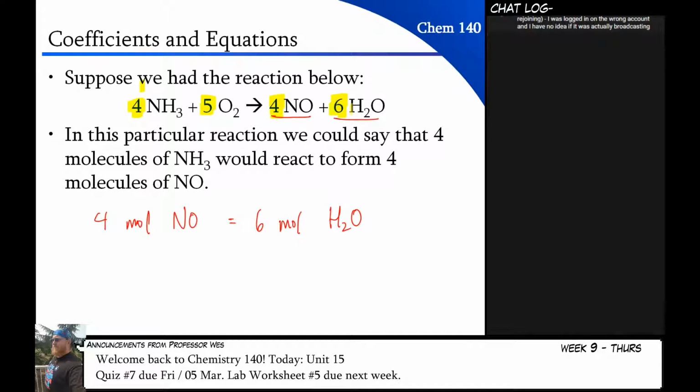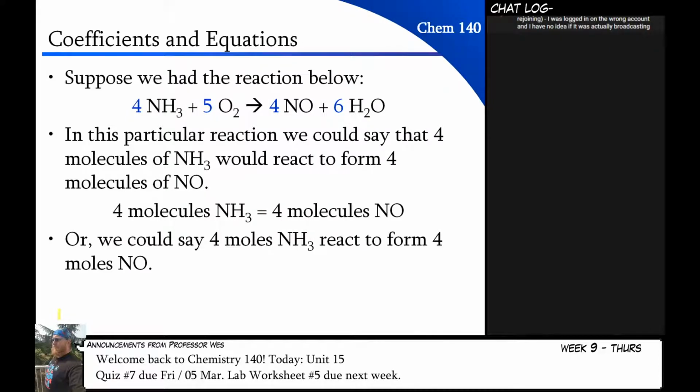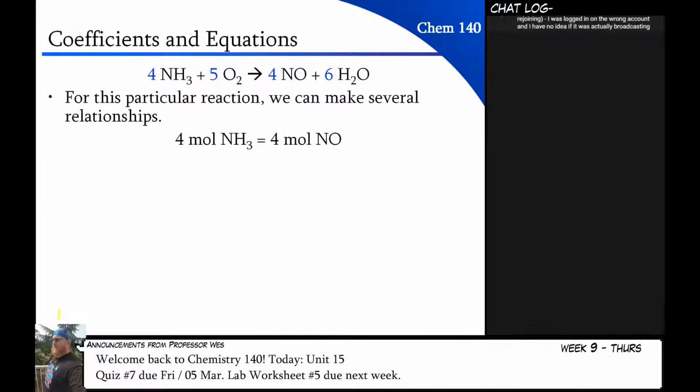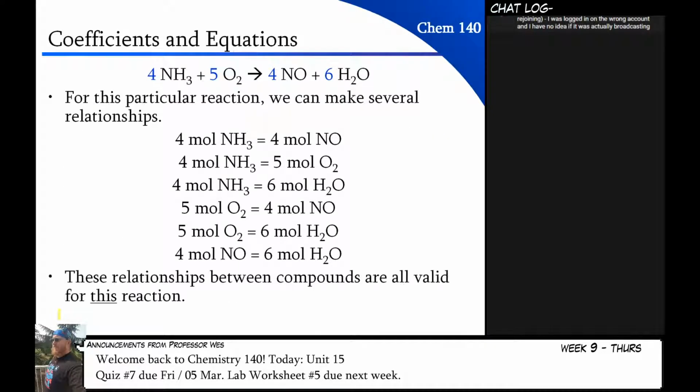I can relate any 2 together. I just have to put the number in front of the reactant or product in my ratio. So that would be for relating NH3 and NO together. And I could do the same thing for any pair that I wanted to.